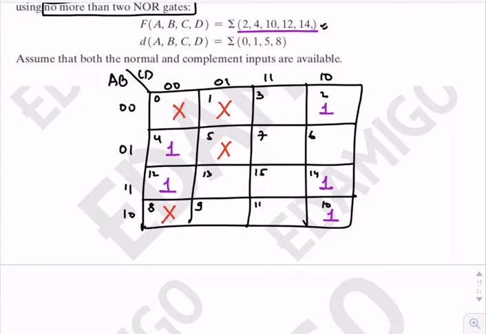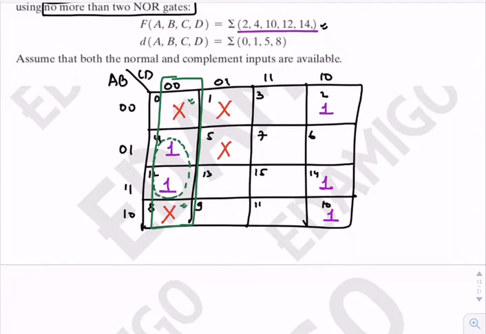Now don't care can be used as 1 whenever it helps us to minimize the terms. Here we can see that there are two adjacent ones present, but since there are don't care conditions, we can expand this to minimize the terms further and assume these don't cares as 1.